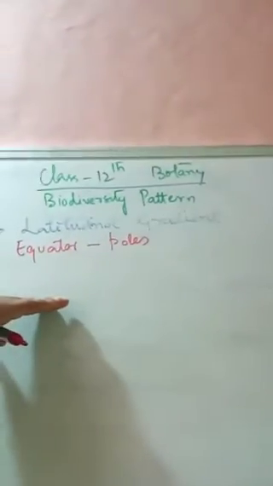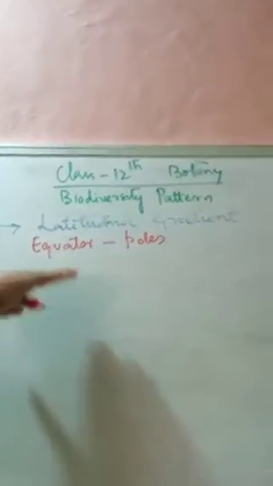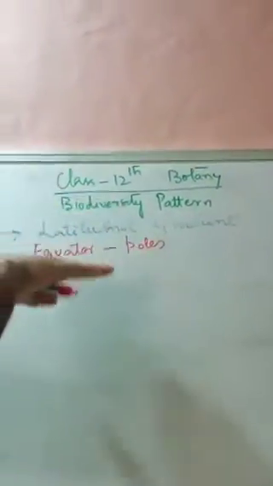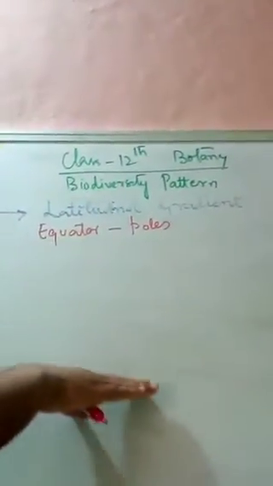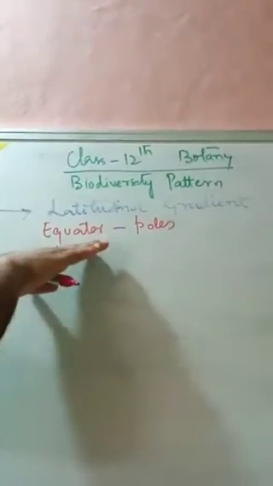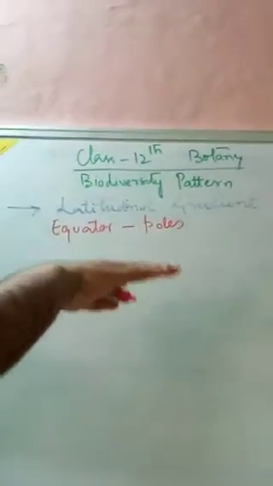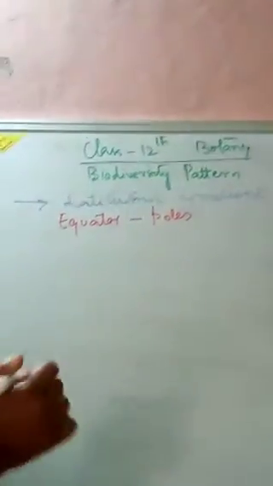In the equatorial region, the number of species is very high, but as we move towards the north pole and the south pole, the number of organisms and species goes on decreasing.